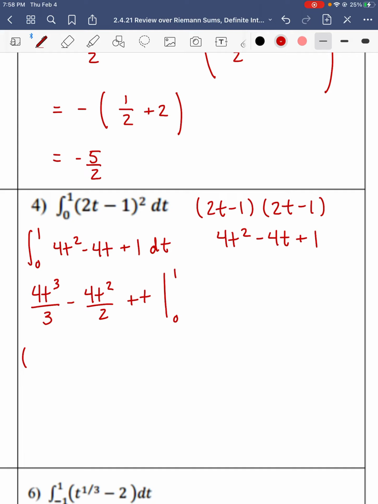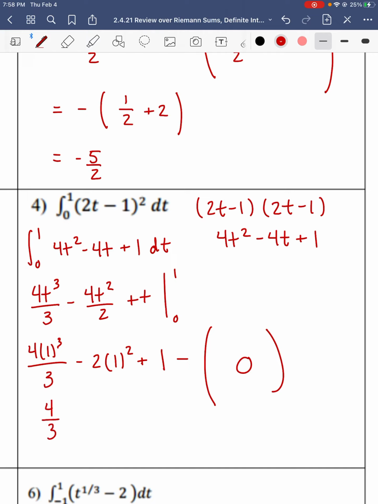So then we would get 4 times 1 to the third over 3. 4 over 2 just becomes 2, so 2 times 1 squared plus 1 minus, and then all of this over here is just going to become a 0, so I'm not even going to bother writing it. So we have 4/3 minus 2 plus 1, which really equals 4/3 minus 1, which would just equal 1/3.